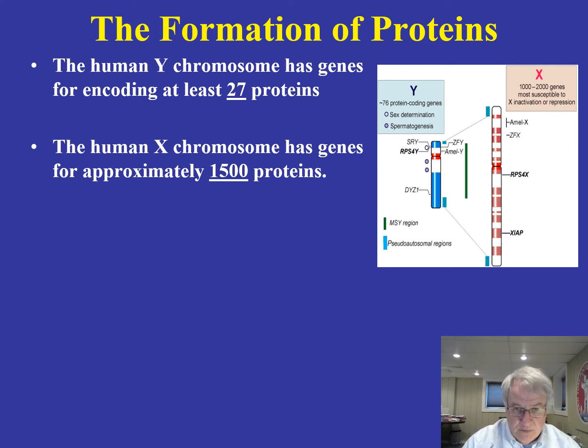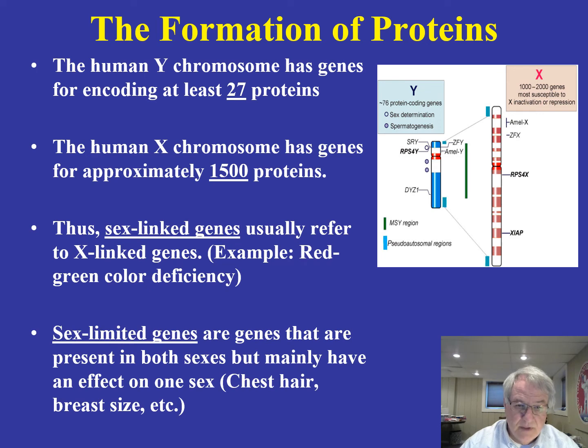The X chromosome has genes for approximately 1,500 proteins. Again, this is very important to understand because it is these proteins that are going to be so important in terms of neurodevelopment. So sex-linked genes usually refer to X-linked genes.